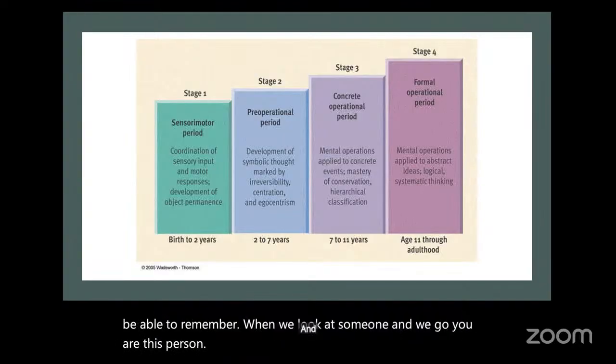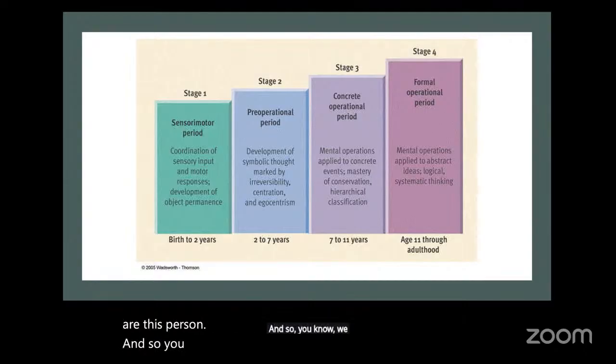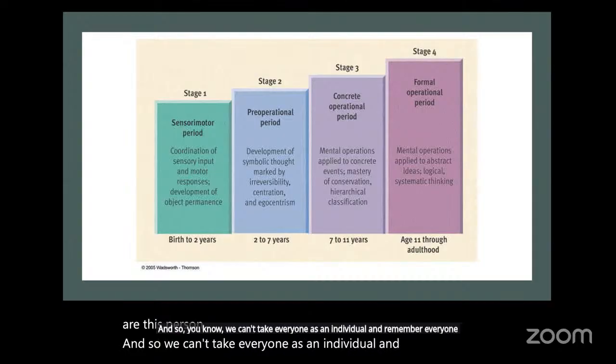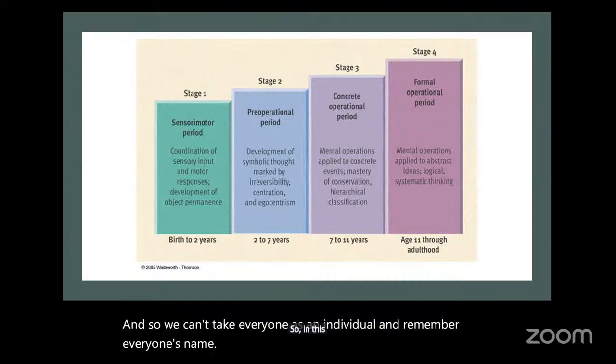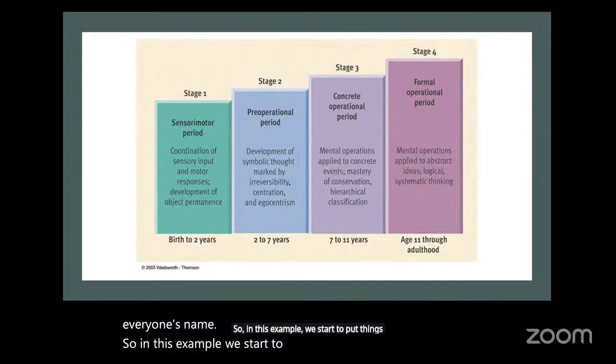And so we can't take everyone as an individual and remember everyone's name. So in this example, we start to put things into categories to try and simplify our world.